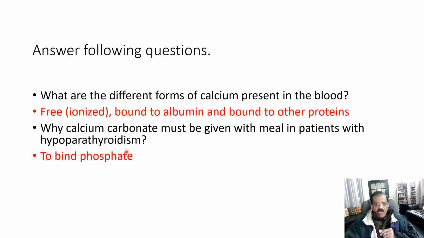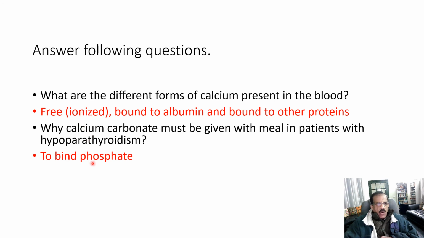Patients with hypoparathyroidism are advised to take a minimum amount of phosphate, but some phosphate will of course be present in the diet. When somebody takes calcium carbonate, the phosphate in the diet binds to calcium, and then calcium phosphate is excreted in the stool.